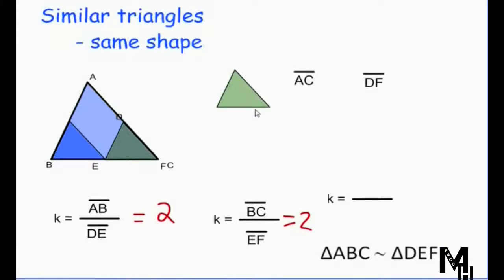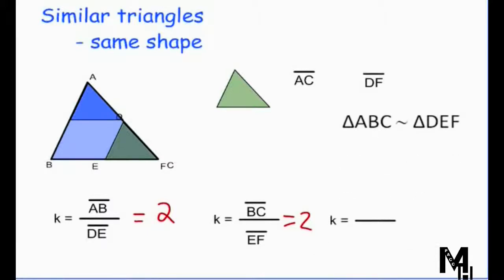Furthermore, if we shift this last remaining triangle over to the right and on top, we notice that for the side AC, DF is again half of its distance. Therefore, AC is twice DF. So our last remaining ratio K is going to be AC divided by DF, which is equal again to 2. Ergo, we notice that all three ratios are the same. So this is an important characteristic of similar triangles.